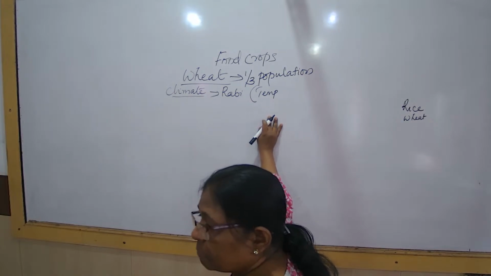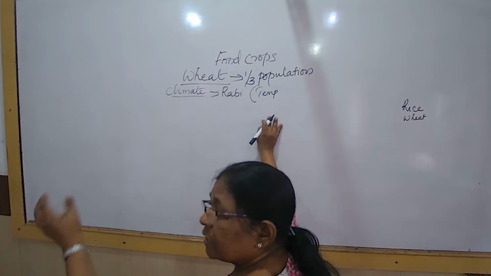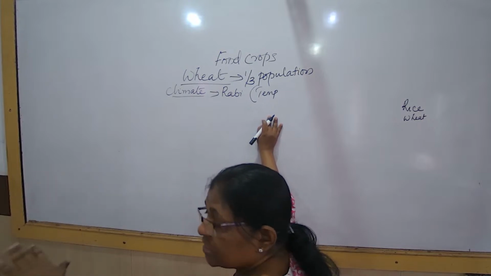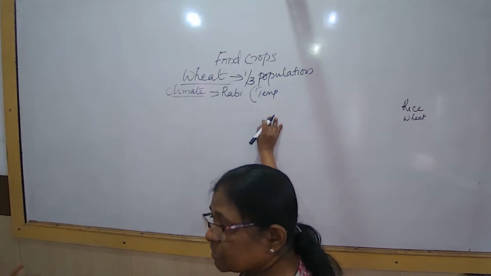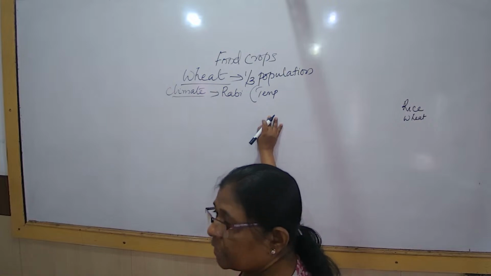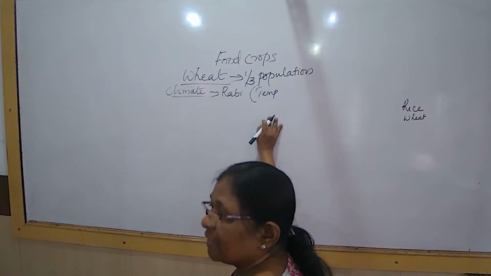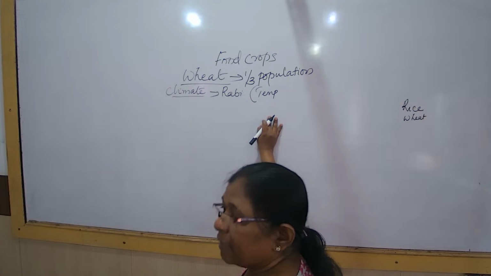Rabi crop cannot be grown because paddy can be grown in water. Standing water is required for paddy because it does not have a strong root. It is very thin like a line only. Understood? So it is made to grow in that water.